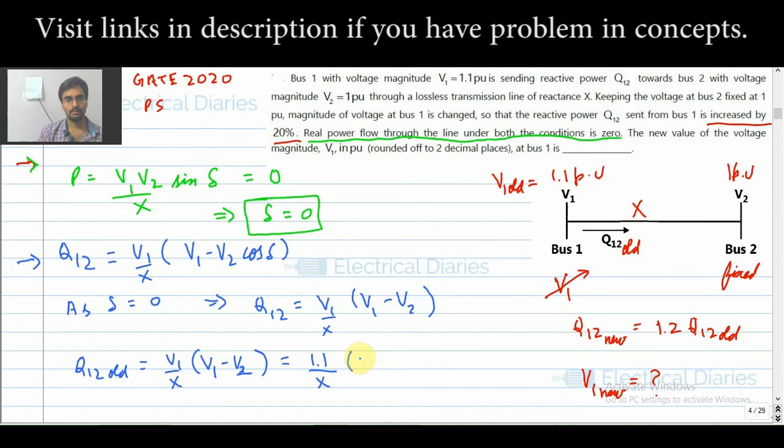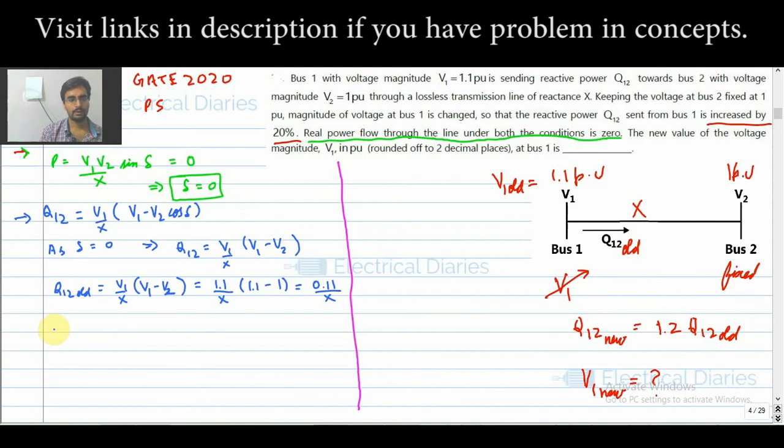V1 minus V2, where V1 is 1.1 and V2 is 1, so it will come out to be 0.11 by X. This is your Q12 old. So Q12 old we have found out. Now we will find the Q12 new. Q12 new, according to the question, is given to us as 1.2 times Q12 old. So 1.2 into Q12 old, which is 0.11 by X.